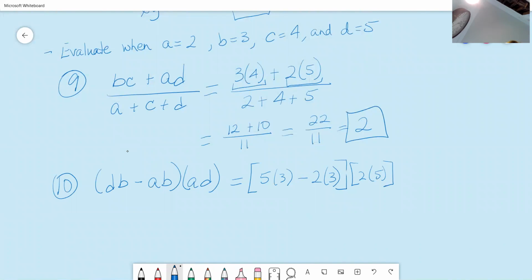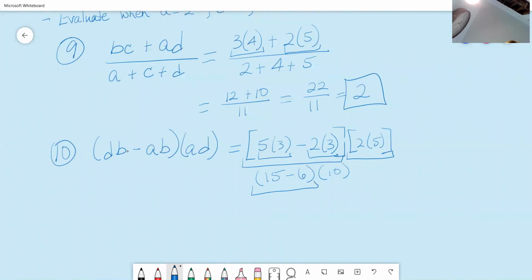All right, so let's solve inside our grouping symbols here. These guys first. So 5 times 3 is 15. 2 times 3 is 6. And then 2 times 5 is 10. All right, so again, let's continue simplifying. 15 minus 6 is 11. 11 times 10 is 110.